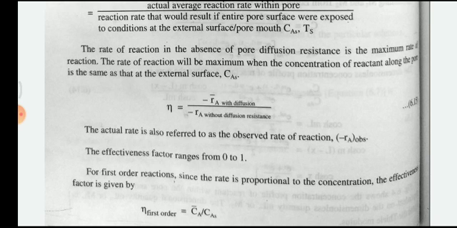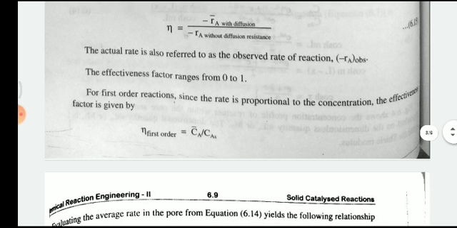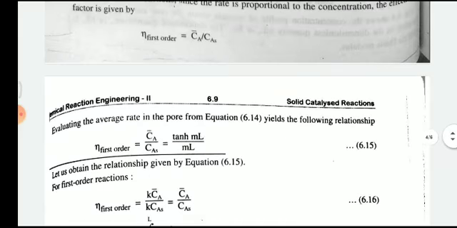Actual rate is also referred to as the observed rate of reaction, that is RA observed. The effectiveness factor ranges from 0 to 1 only. That's it. For first order reactions, since the rate is proportional to the concentration, the effectiveness factor is given by the proportionality, that is Ca bar divided by Cas.